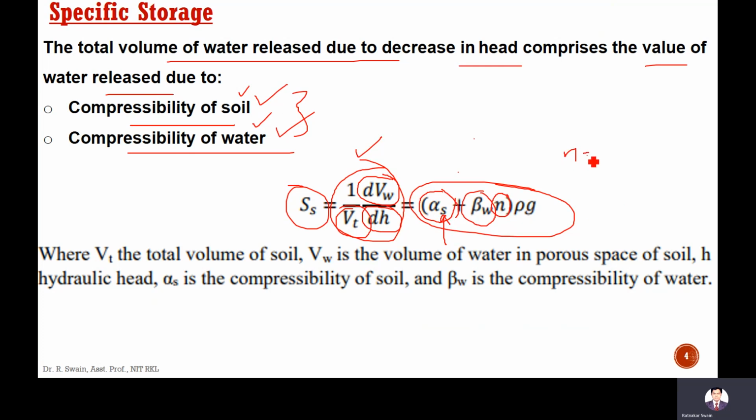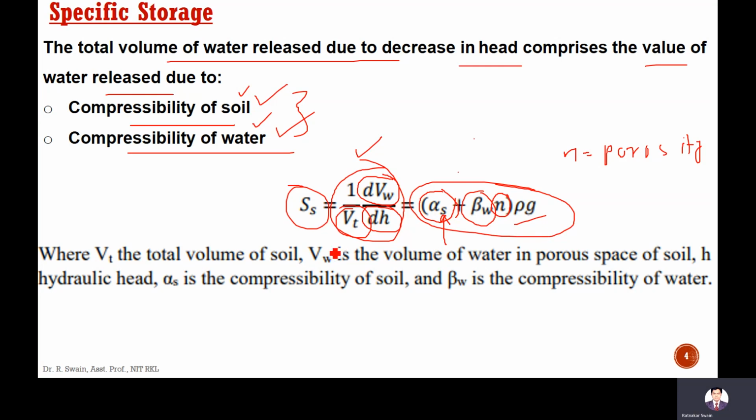Here N is the porosity, rho is the density of water, and g is the acceleration due to gravity. So if we have data about compressibility, then we can calculate the specific storage.